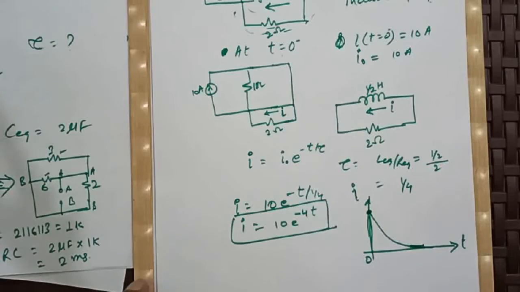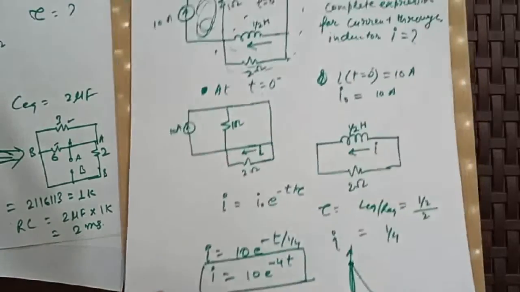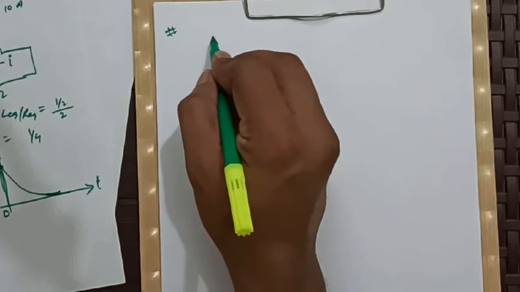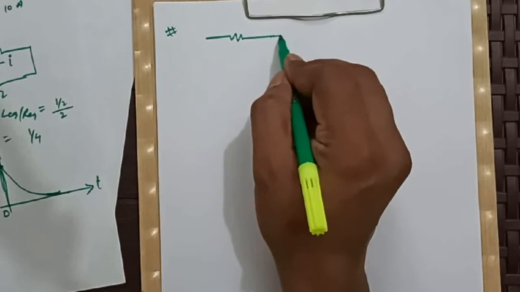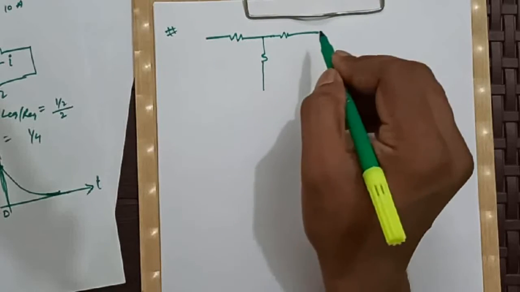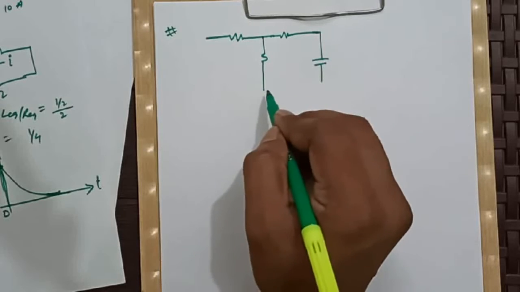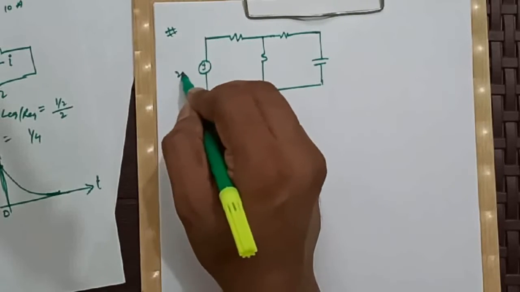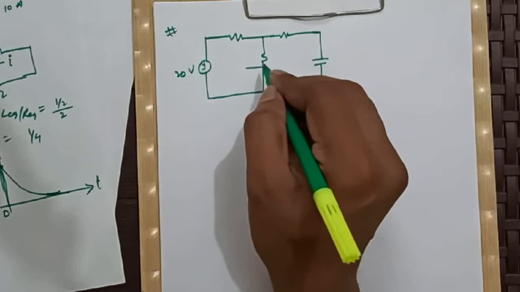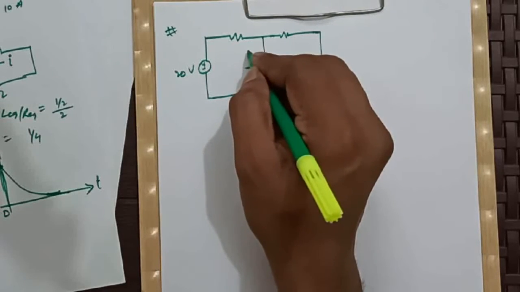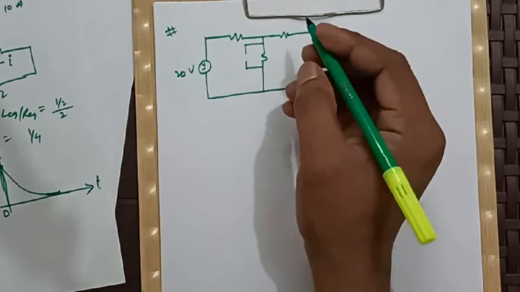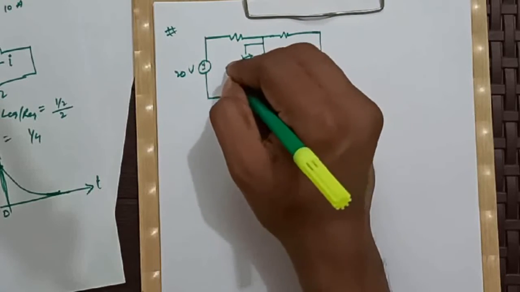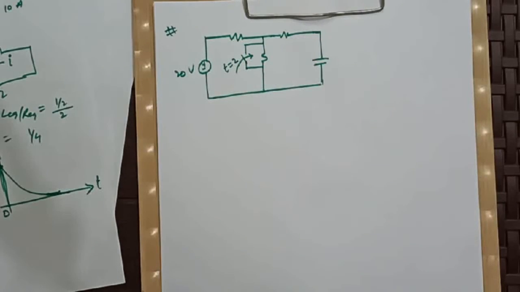Okay, now let's take another example. Consider this example: a resistor, a capacitor, a voltage source of 20 volts, and this is the switch which is getting closed at time t equal to 2.